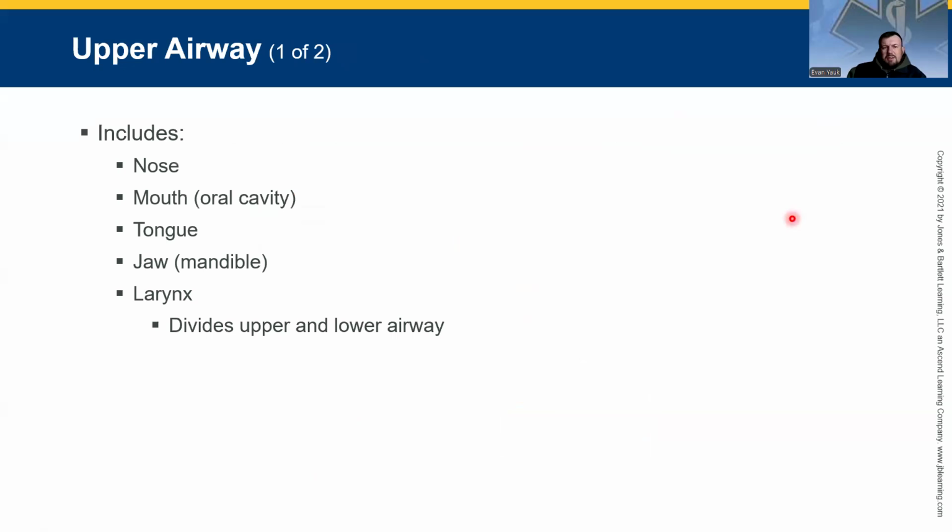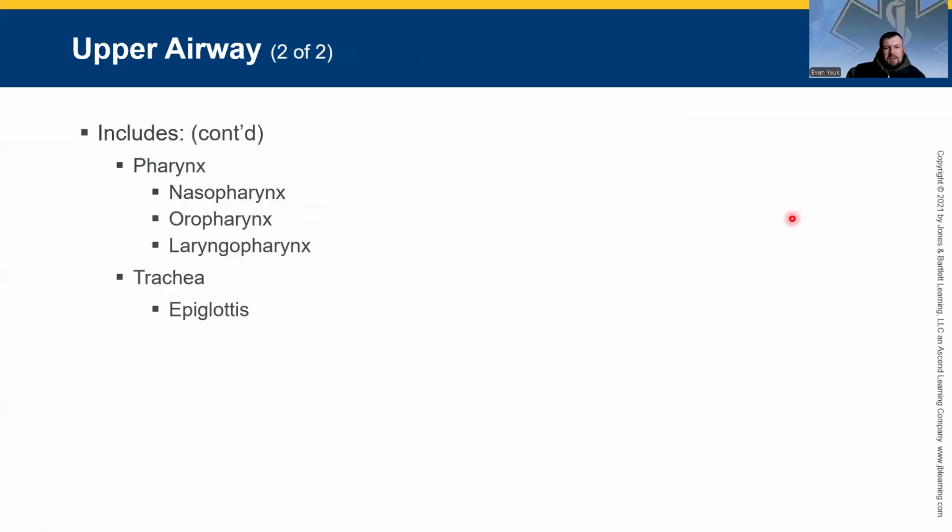Our upper airway is going to be our nose, our mouth, our tongue, our jaw, and our larynx, divided into upper and lower airway.